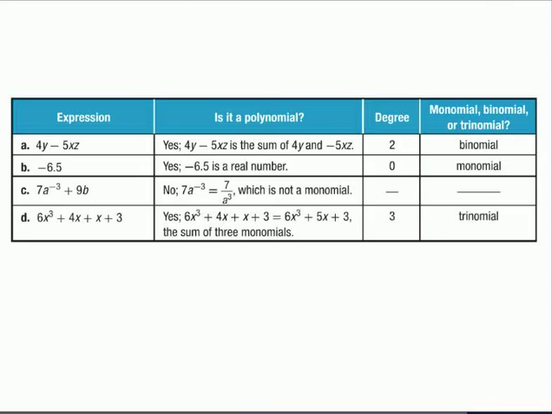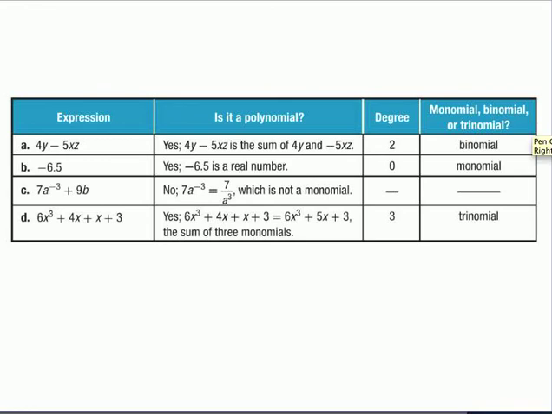So first of all, we're going to look at this chart. The expression here says 4y minus 5xz. We want to know if that's a polynomial. So if we look at it, it is. A polynomial doesn't have any weird things that we haven't looked at. And it says it's a degree 2. So let's figure out how it's a degree 2.